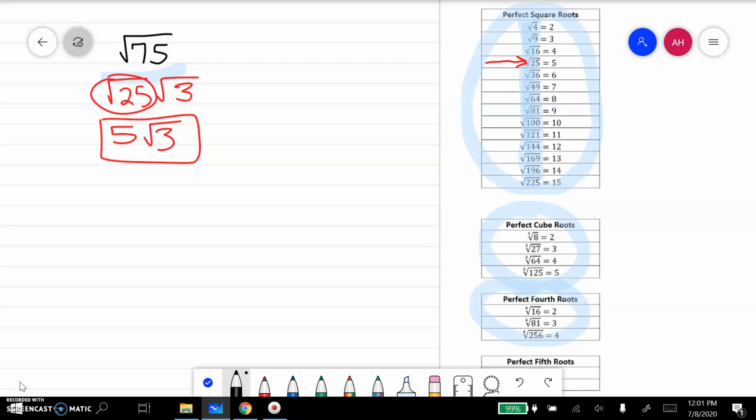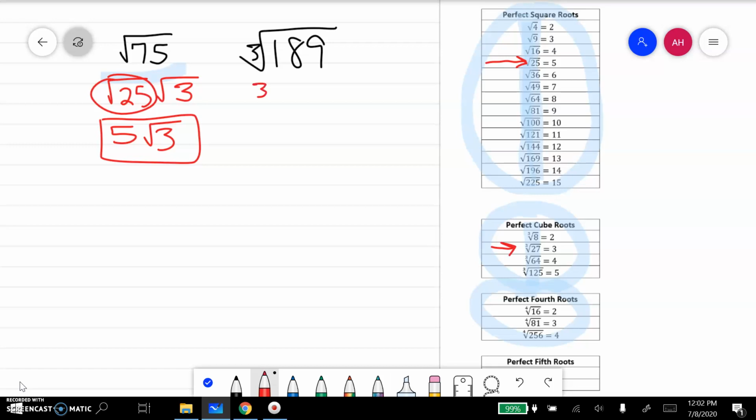So I know someone asked about, for example, the cube root of 189. Since it's a cube root, you're going to use the cubes. So you come over here, look at these numbers. We have 8, 27, 64, 125 that are all cube roots. So if you look at those and start trying to divide, what goes into it is this 27.